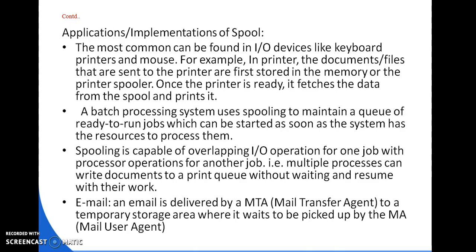So this is all about spooling. Spooling is a temporary buffer which can read data from a secondary storage device directly, and simultaneously the CPU executes some other job in the spool disk at the same time.